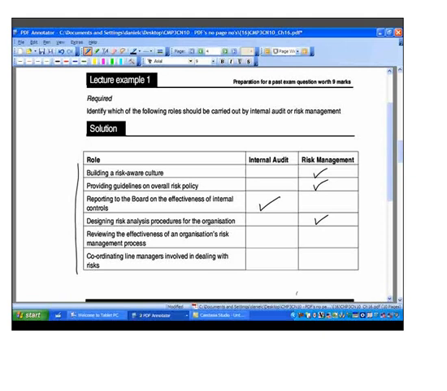So internal audit, as an outside, independent view, can review that. And coordinating line managers involved in dealing with risks and making sure they're aware of policies, that is the job of risk management. Again, that falls very much into the category of dealing with the organisation's overall risk management policy. So hopefully that makes the contrast a little bit clearer between the two functions and what it is they do.